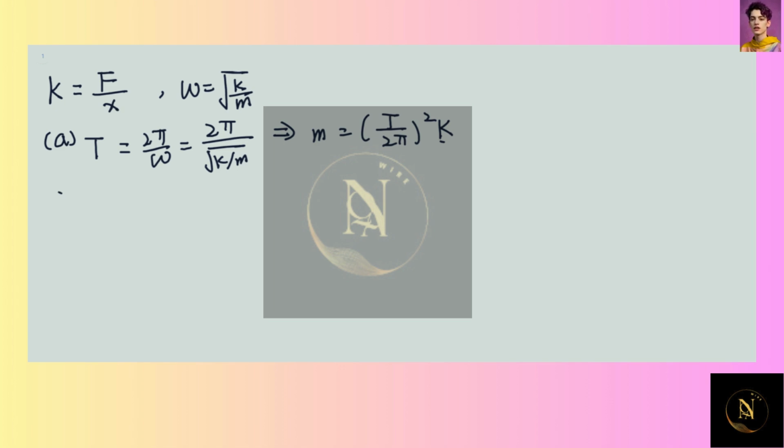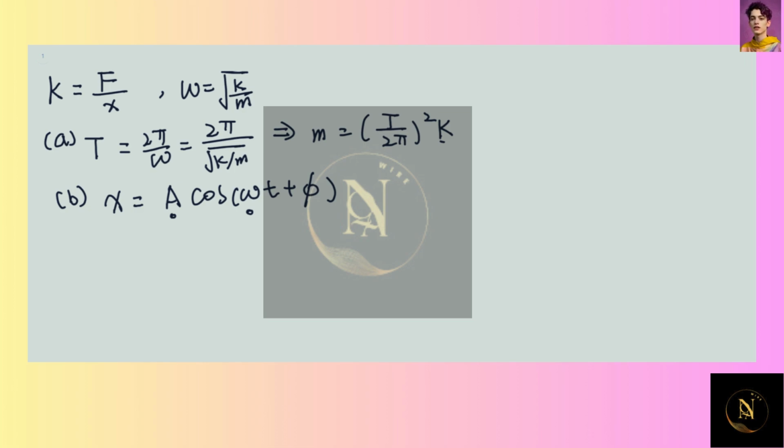So for question B, we know the amplitude. We can write the expression of the position as x equal to the amplitude times cosine of omega t plus phi. We know the amplitude already. We know the angular frequency, but we don't know the phase yet.